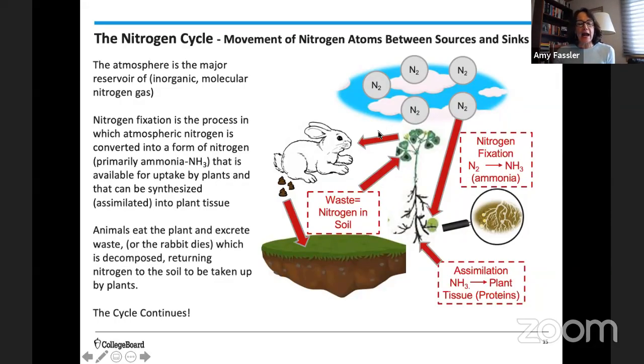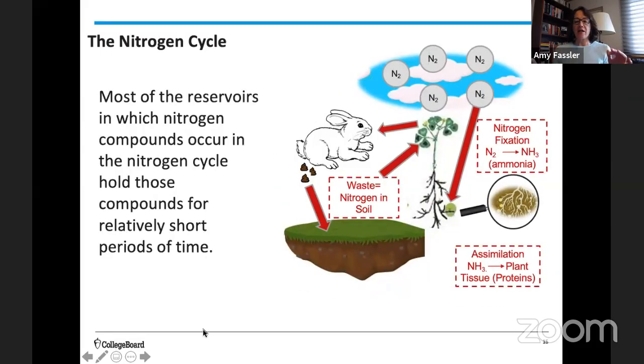So look at the idea here that there's rather rapid cycling, for the most part, of nitrogen. This part of the cycle just keeps going and going and going. So now let's take that step back for a second. In terms of the big takeaway, most of the reservoirs in which nitrogen compounds occur in the nitrogen cycle hold those compounds for a short period of time.